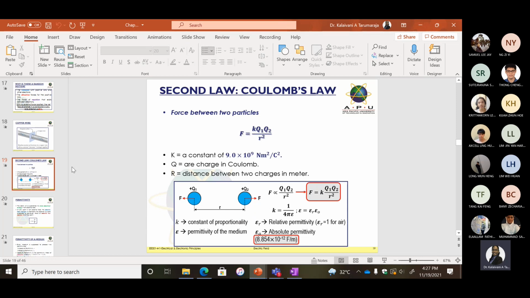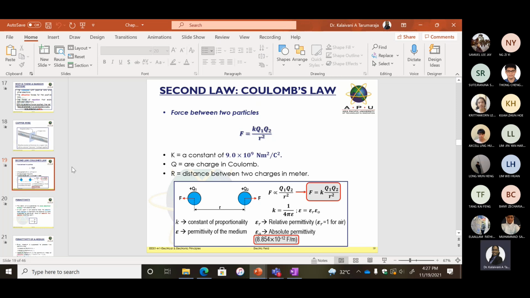I want you to write down the equation in your notebook, and write at the side that K stands for a constant value. R stands for the distance.